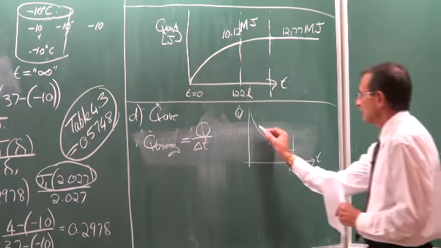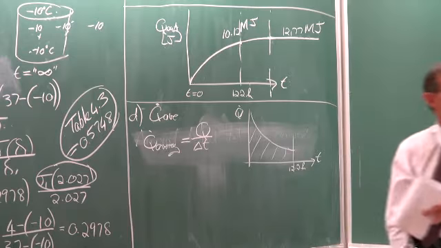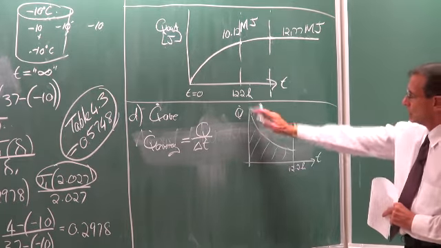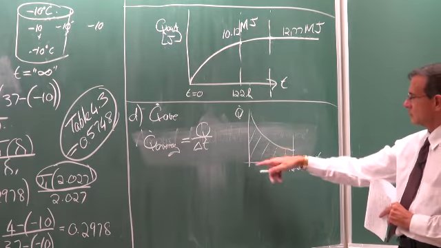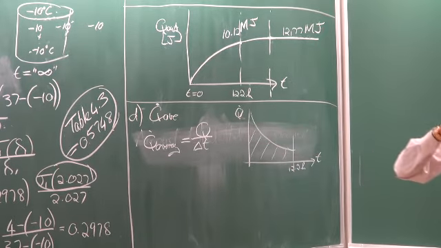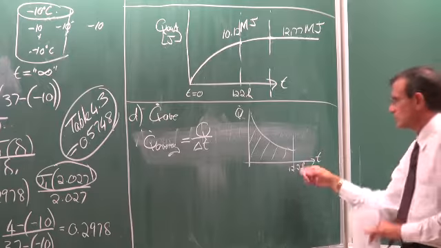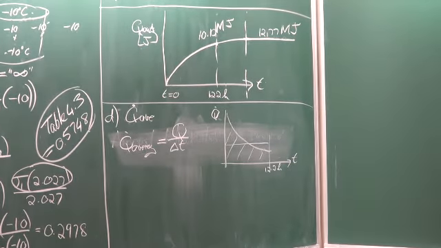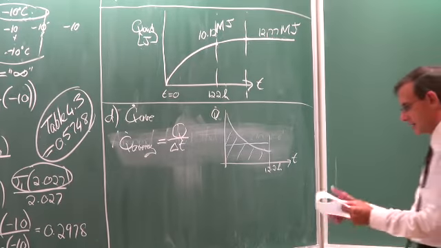There's more than one way that we can do the average. We can calculate the Q per second for each one and do the integration, or we can just take the average under the curve, which is a good engineering approach.